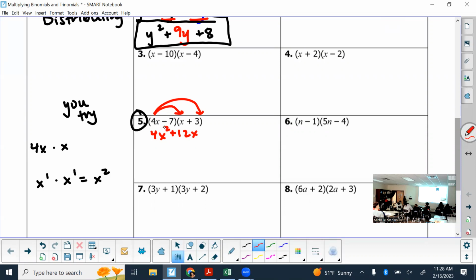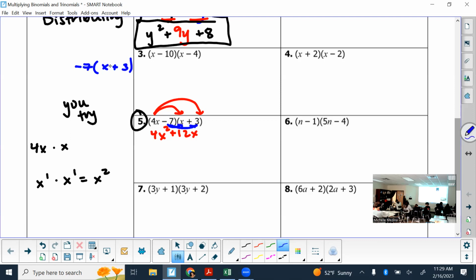All right, next, don't forget to distribute now the -7. So table 5, what do you get from distributing the -7? So distribute the -7 just like you would if it was a smaller problem.